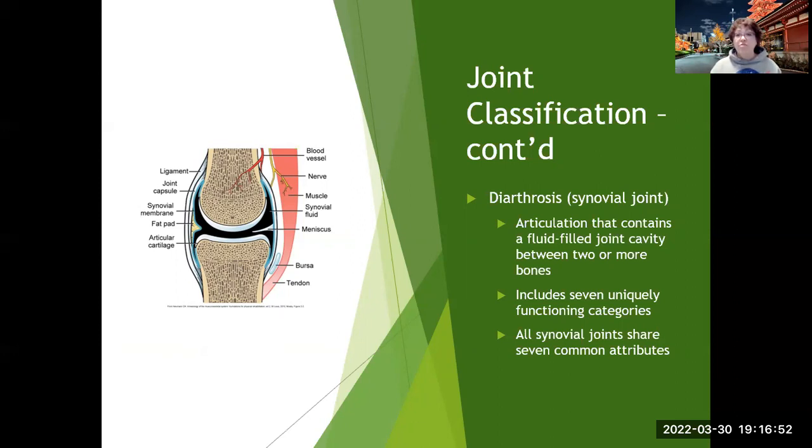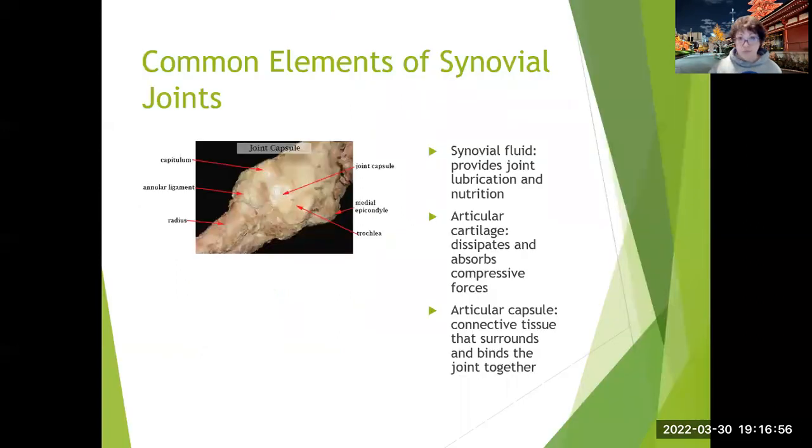We'll talk about the other classifications. So all synovial joints share some common attributes, and here they are. One of the things to remember about synovial joints versus amphiarthroses or synarthroses is that a synovial joint includes synovial fluid, which provides joint lubrication and nutrition.